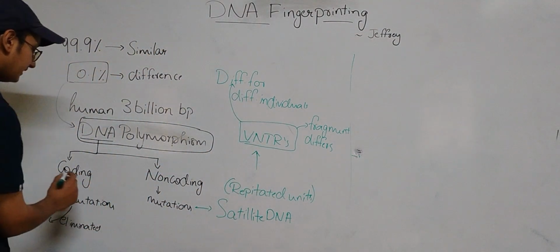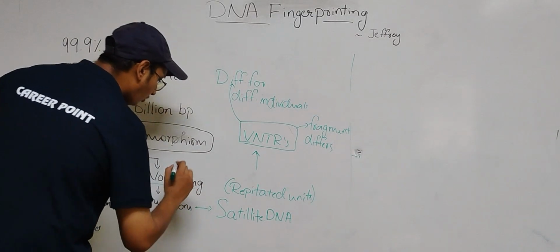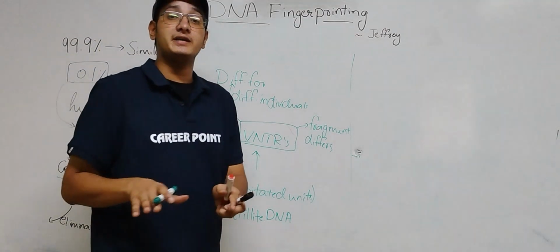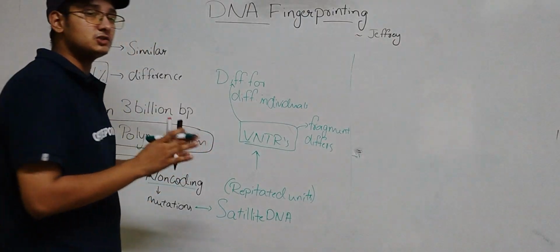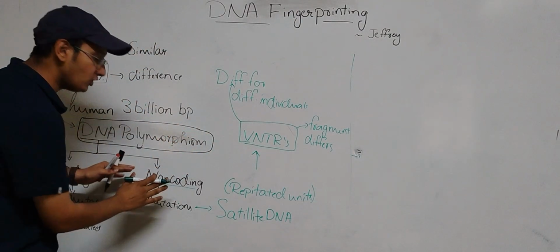So if we take DNA, there are two regions in it: coding regions and non-coding regions. In coding regions, if a mutation occurs, it will be eliminated because it is harmful for the individual. So the mutations won't persist in the coding regions. The mutation occurs in the non-coding regions.